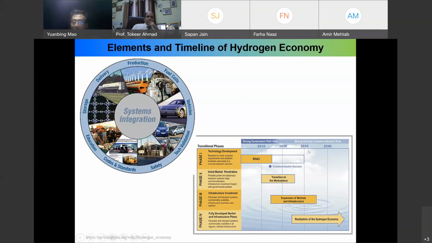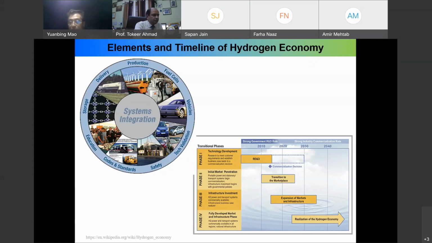Later on there's phase 3, the expansion of markets and infrastructures, because especially for the delivery system, we definitely need a new type of infrastructure, not like the gasoline one we are mostly using right now. And then phase 4 is the realization of the hydrogen economy.